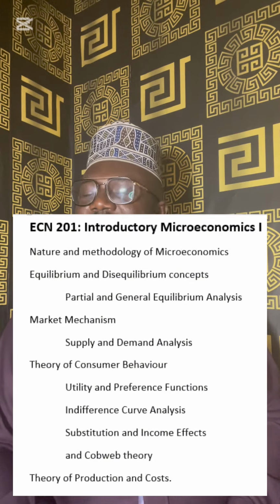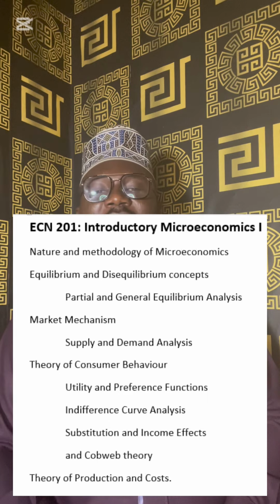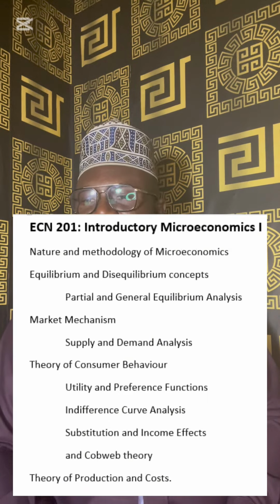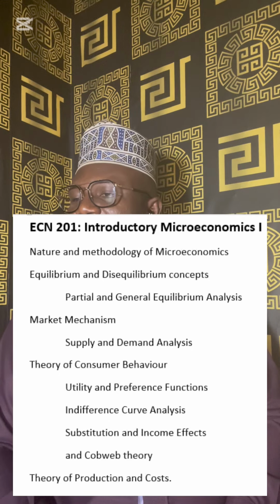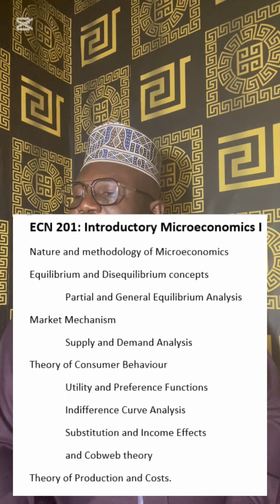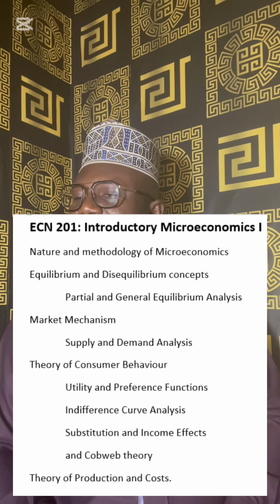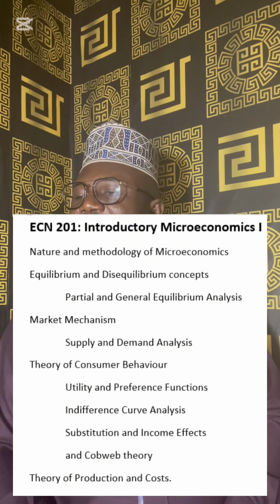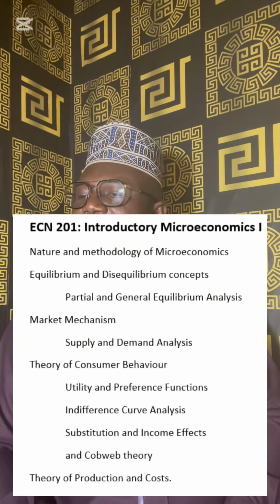Then number 3. Please, I hope that you are getting the topics as I'm putting them down, because we may not have time to repeat this again. Nature and methodology of microeconomics, that is the first one. The second one is the concept of equilibrium, in bracket partial and general equilibrium analysis.